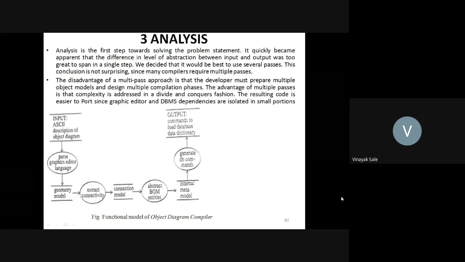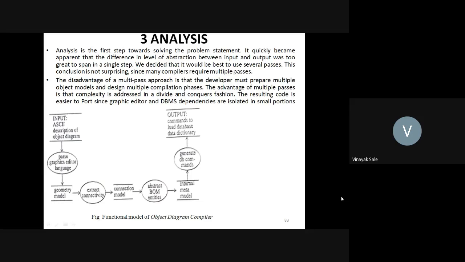It quickly becomes apparent that the difference in the level of abstraction between input and output was too great to span in a single step. We decided that it would be best to use several passes. This conclusion is not surprising since many compilers require multiple passes.